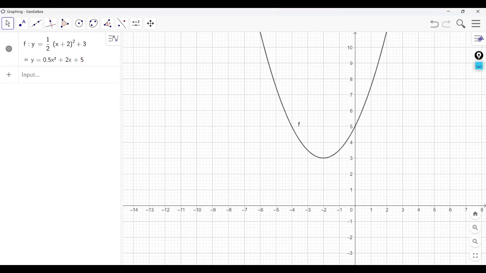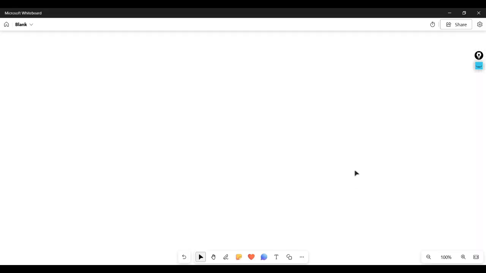Okay, so a half, +2 and 3 are the numbers I put in. So y equals 1/2 (x plus 2) squared plus 3.